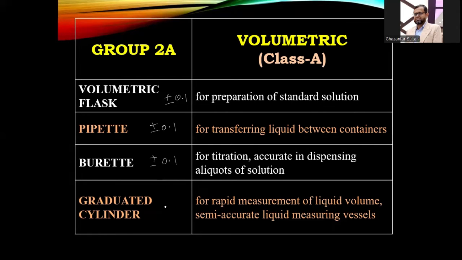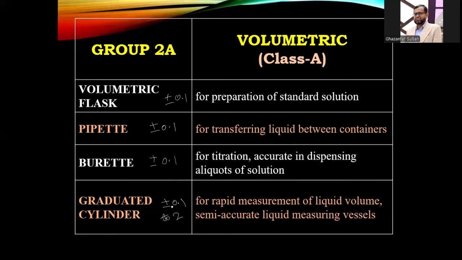Graduated cylinder. Graduated cylinders can be of two types. Some are in class A. Those which are here in class A are the smaller ones, and they have the standard deviation from 0.1 to 2, or maybe some others.